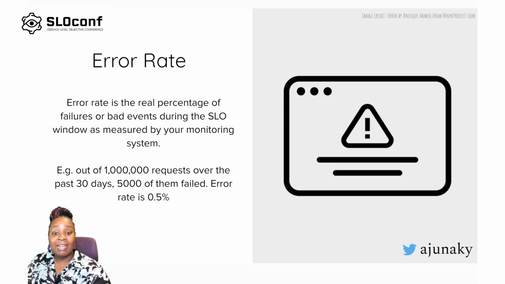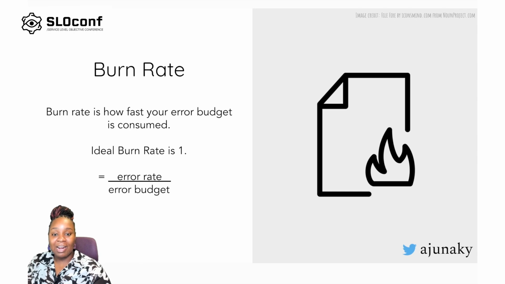Lastly, I'd like to define burn rates, the subject of our talk today. A burn rate is an indication of how fast your error budget is being consumed, and it's relative to your SLO's target length. An ideal burn rate can be considered as 1. This means that it's a consistent error rate over your SLO time period, meaning that you consume your entire error budget over the SLO's target length.